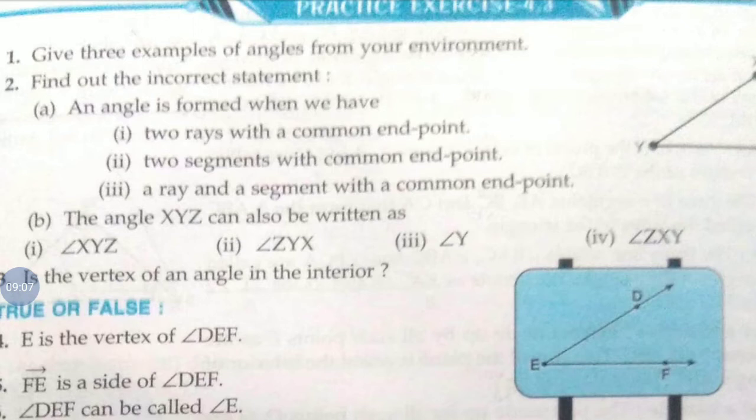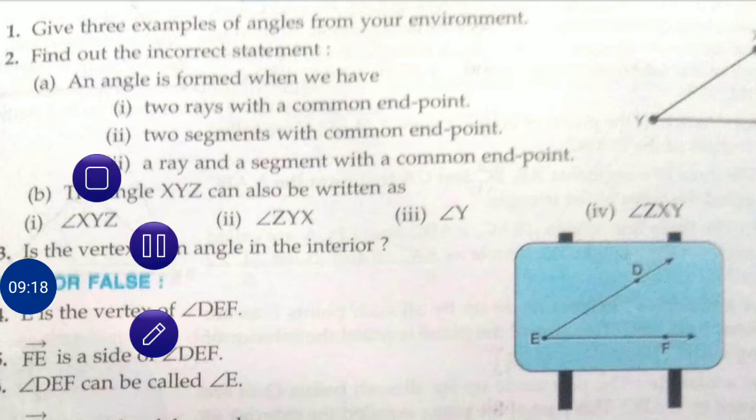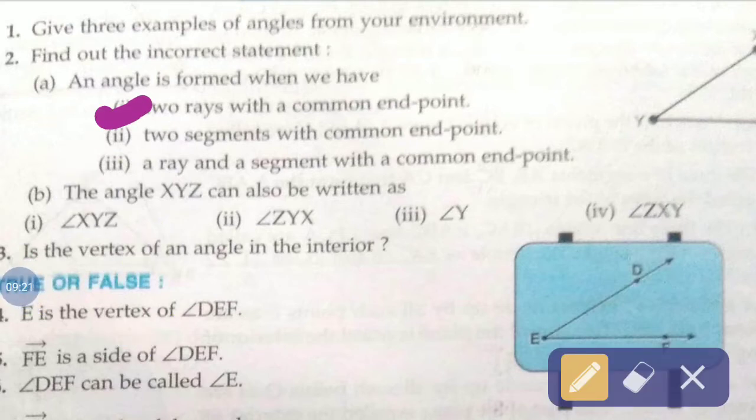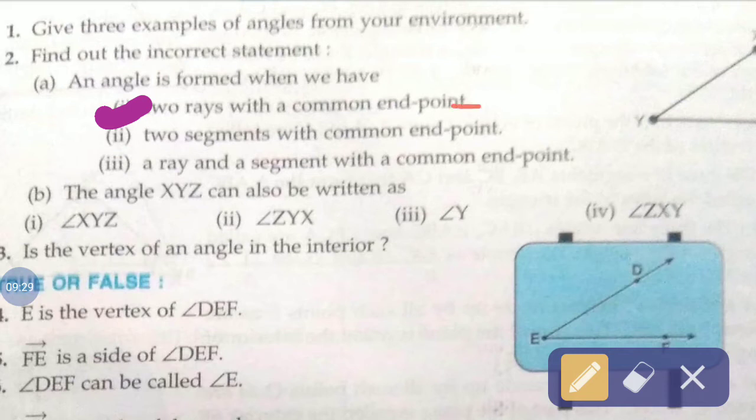Yes, the angle is formed when we use two rays having a common end point. So this is a correct statement. You can write correct in front of it, as we have to write which are incorrect.